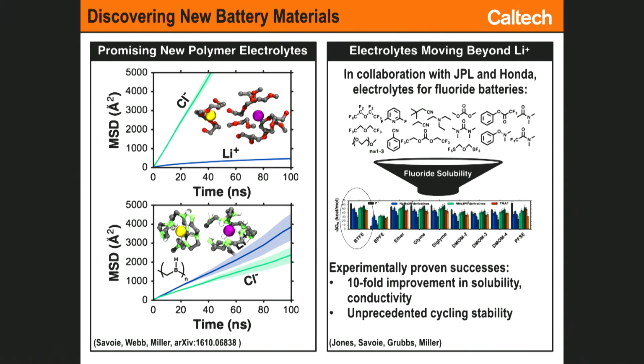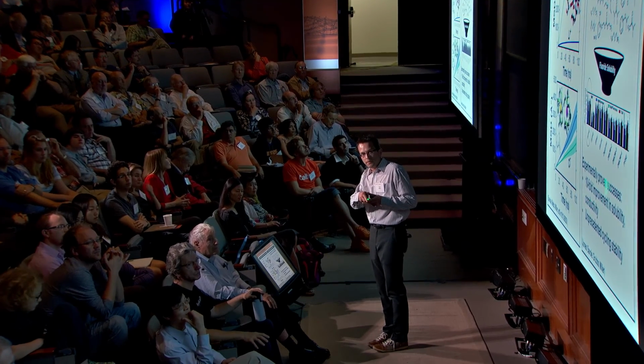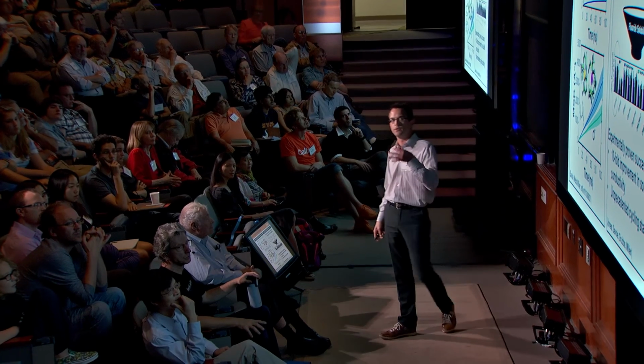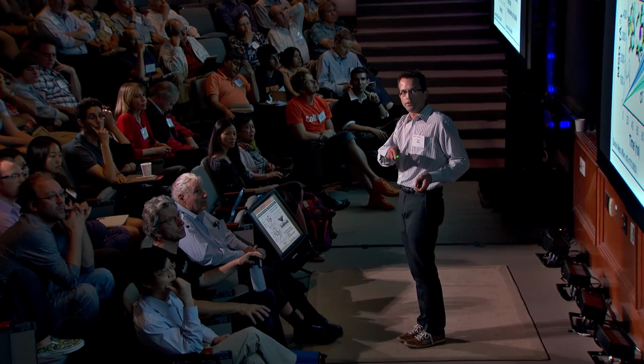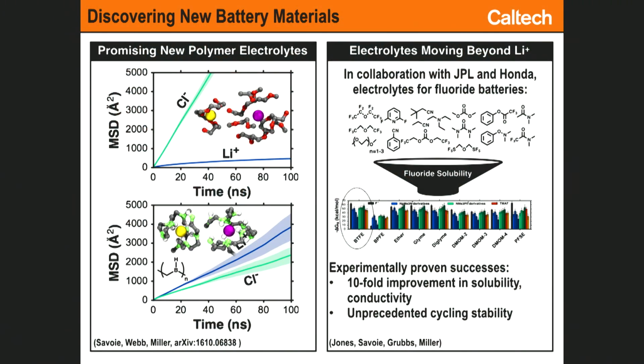And we were able, using this approach, to predict mixtures of electrolyte materials that should improve those properties. And the great news is that they have since tested those experimentally. They have identified 10-fold improvements in both the solubility and the conductivity of those electrolytes, which is really exciting. And not only that, but it has also led to vast improvements in the cycling stability of the fluoride batteries that they're designing as well.